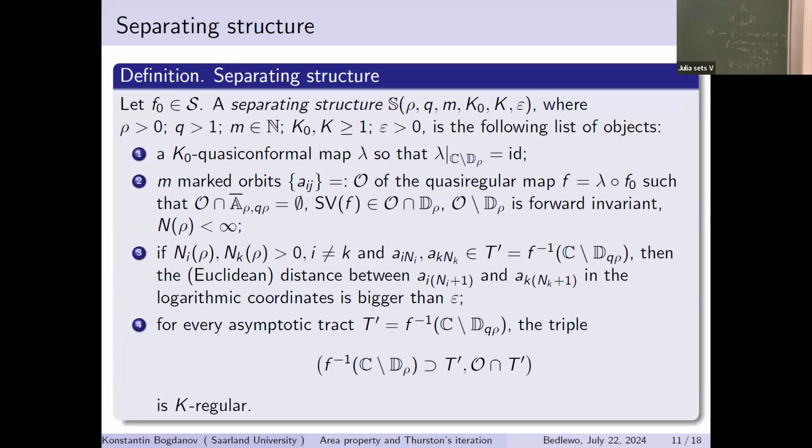It is the following. First, it's a definition, something that we call a separating structure. Here I must draw some pictures for you once again. In principle, these properties, except for property 4, are rather simple.